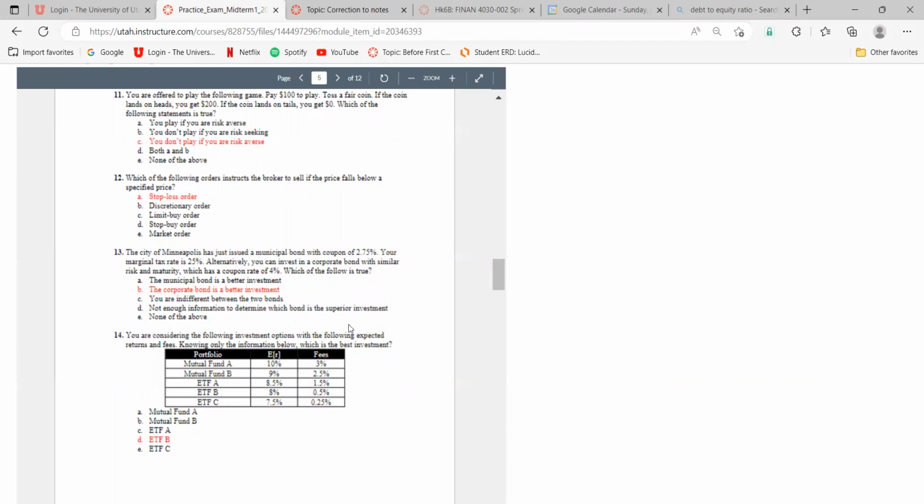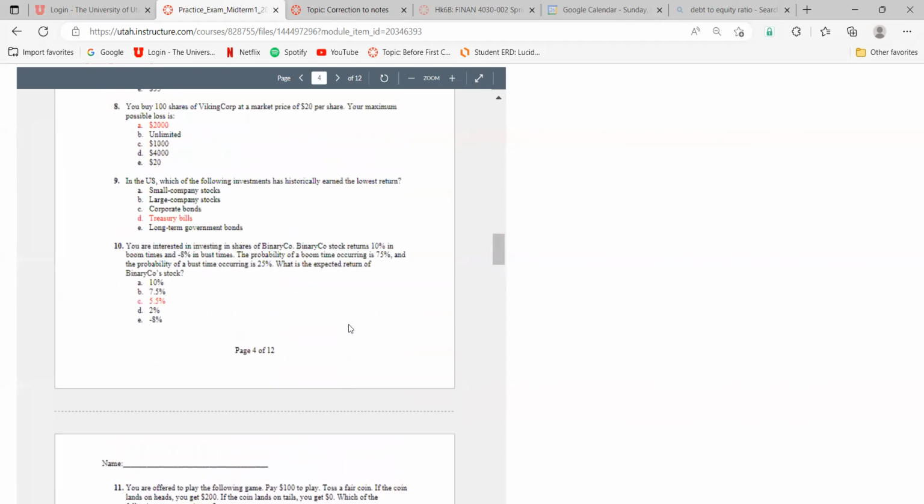Yeah, so your dollar figure is going to be your capital gain plus your dividend, just the number in terms of dollars. And the total percentage return is whatever you made off of your capital gain and your dividend, divided by that original price.